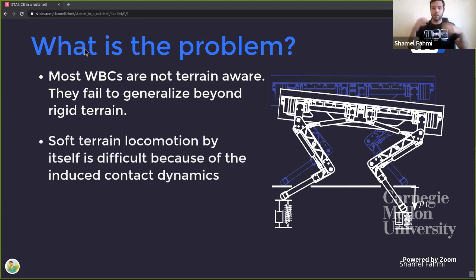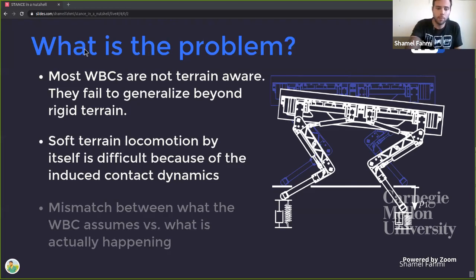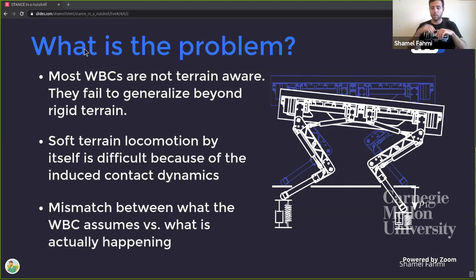The second problem comes from soft terrain locomotion itself, mainly because it on its own induces a lot of contact dynamics. These two problems together cause a huge mismatch between what the whole body controller is assuming and what's actually happening. This mismatch is what causes oscillations or might be unsafe for the robot.